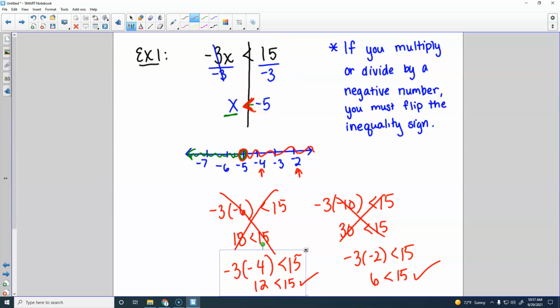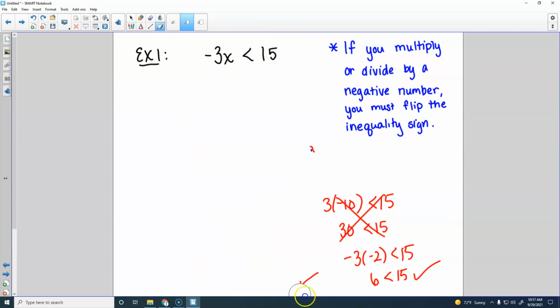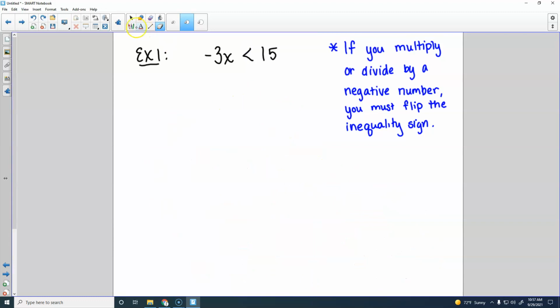So now you can pick up your pencil. I'm going to erase this stuff and let's do it correctly. So what we need to do, we still do the same thing that I was doing before. We still divide by negative 3. So you can write this down now. I'm going to do it correctly. This still cancels. We still get x over here. We still get negative 5 over here.